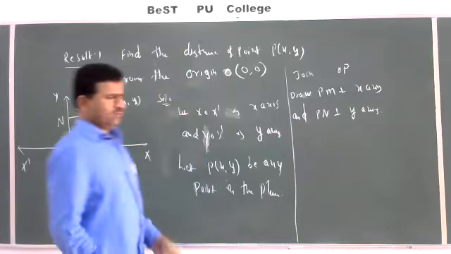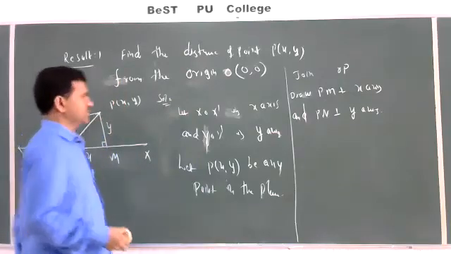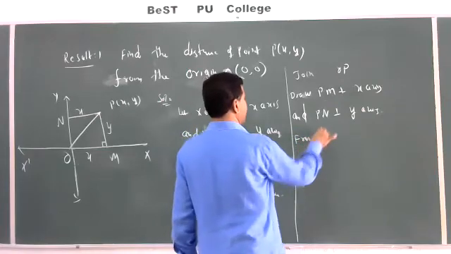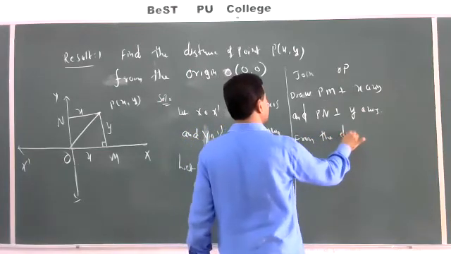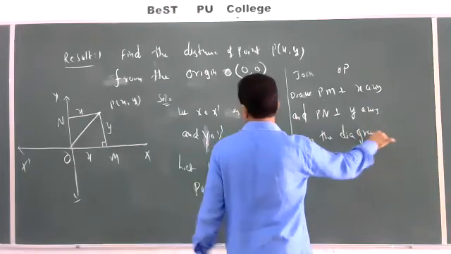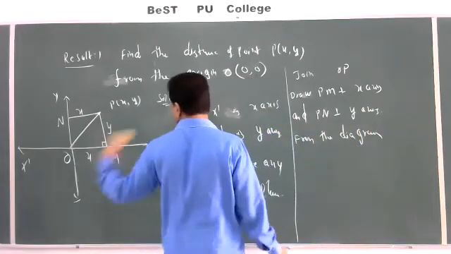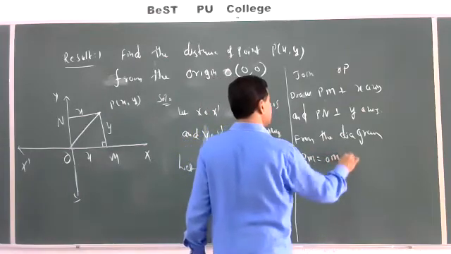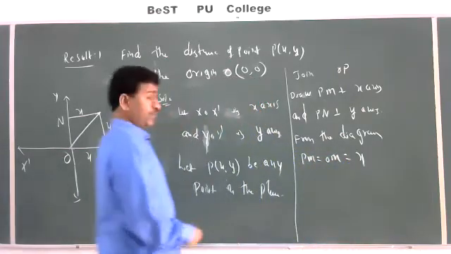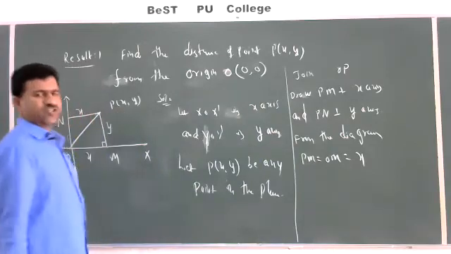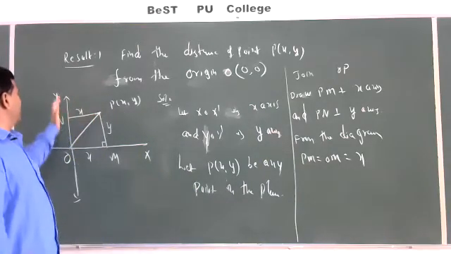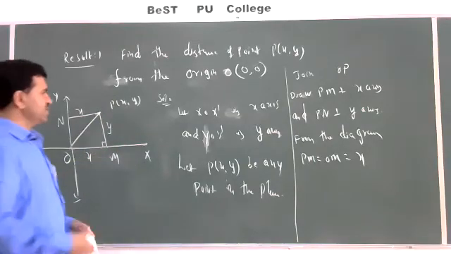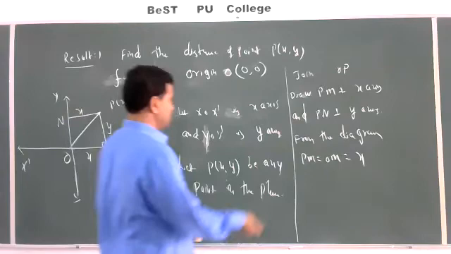So from the diagram, write those values by using the point definition. From the diagram, what is first? PN is equal to OM, that is x. Point definition: perpendicular distance of the point from the y-axis is always the x coordinate.